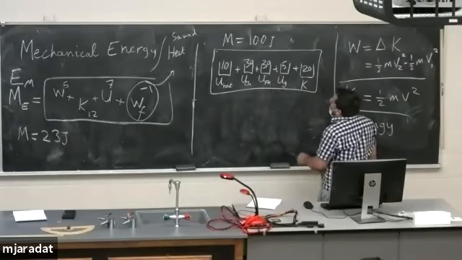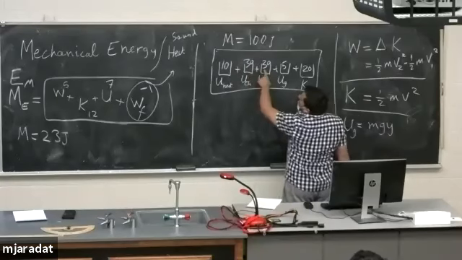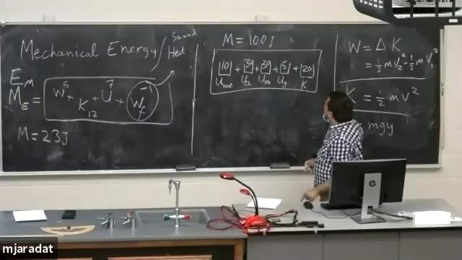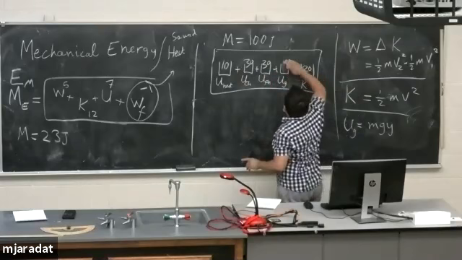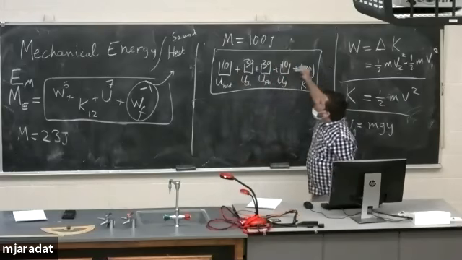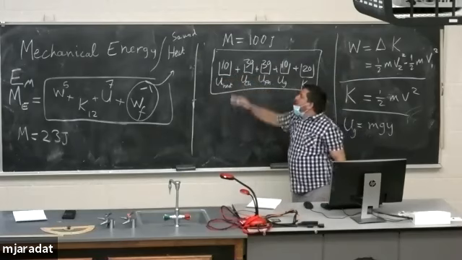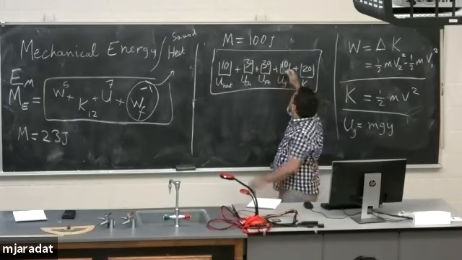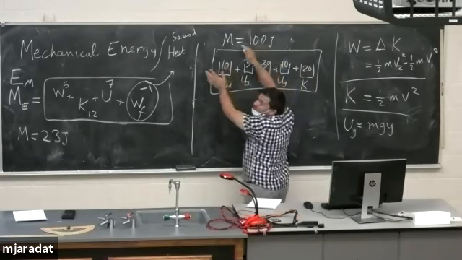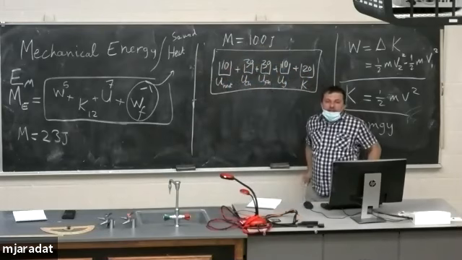How much is the total? 60, 70, 90, 95. Assume at the beginning we have 10. If we add all of them, it will give us 100 joules, which is the total mechanical energy.